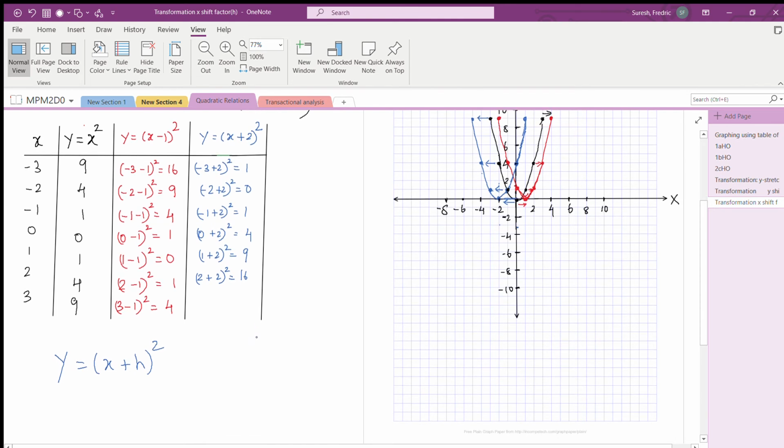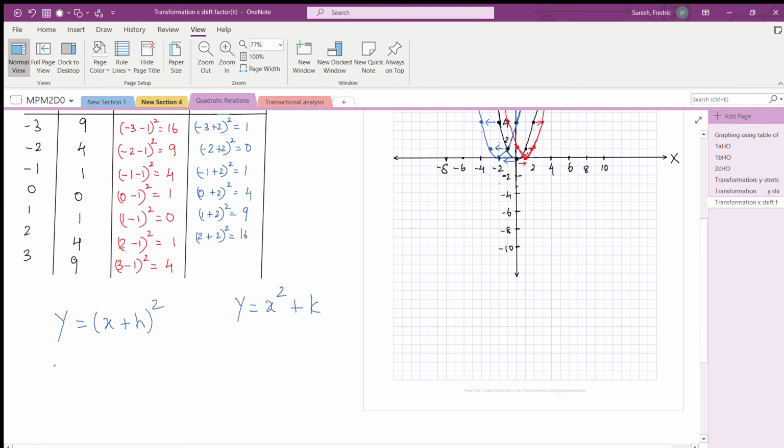Now the previous case we saw, the y transformation, looked like this: y equals x squared plus k. The k was outside the square. Here you notice the h value is within the bracket and it is being squared. This means that this is an x transformation.